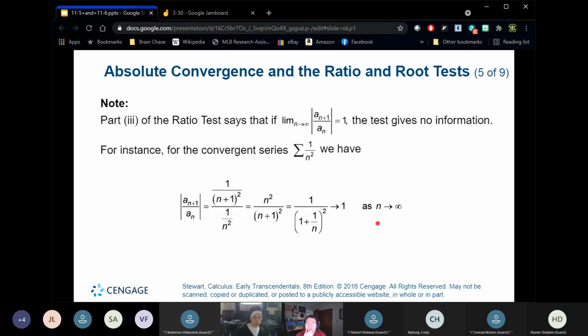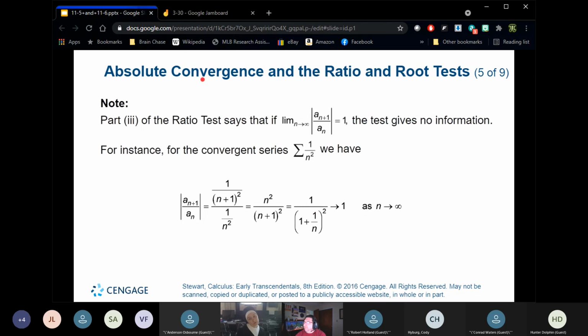All right, so if we look at this one, we can look at the 1 over n squared. So if we look at 1 over n squared, which we know converges because this is a p-series test.